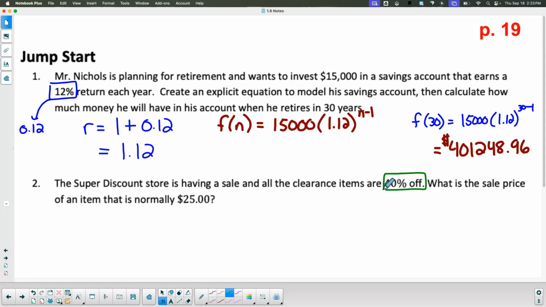60%, right? Remember they have to add up to 100%, the whole thing. So if they take 40% off, you have to pay 60%. Yep, exactly.